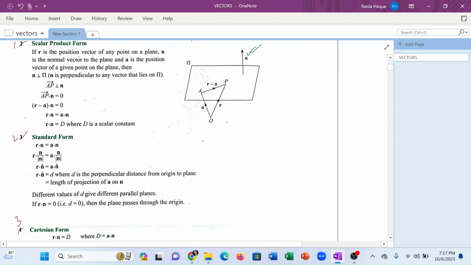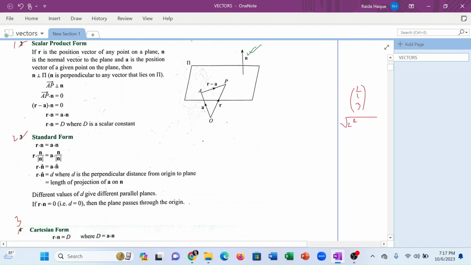So here is how we find the magnitude of the normal. Let's say the normal has a direction vector of 2, 1, 3. How do you find the magnitude of this?